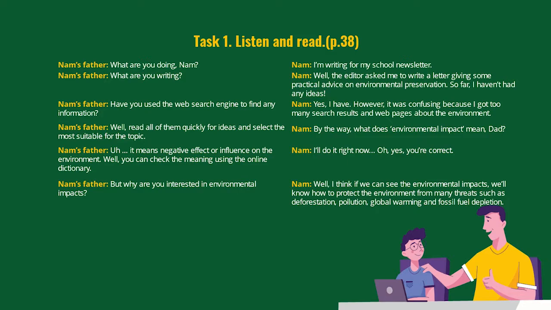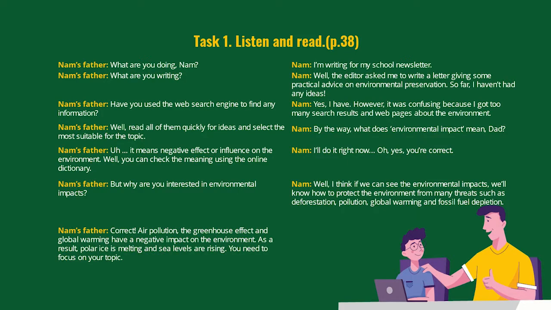Well, I think if we can see the environmental impacts, we'll know how to protect the environment from many threats, such as deforestation, pollution, global warming, and fossil fuel depletion. Correct. Air pollution, the greenhouse effect, and global warming have a negative impact on the environment. As a result, polar ice is melting and sea levels are rising. Alright. You need to focus on your topic.